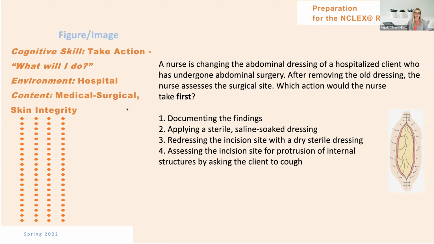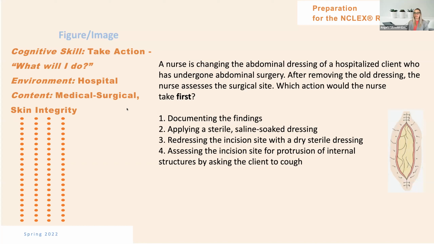And then assessing the incision site for protrusion of internal structures by asking the client to cough. So the first part of that is absolutely correct. You do want to assess for protrusion of internal structures because that could indicate that the dehiscence has evolved into an evisceration. And that's the differentiating factor, is that internal structures or organs are protruding in evisceration.